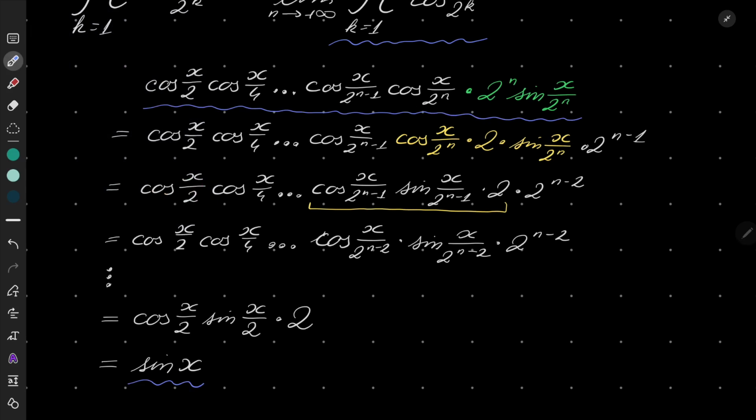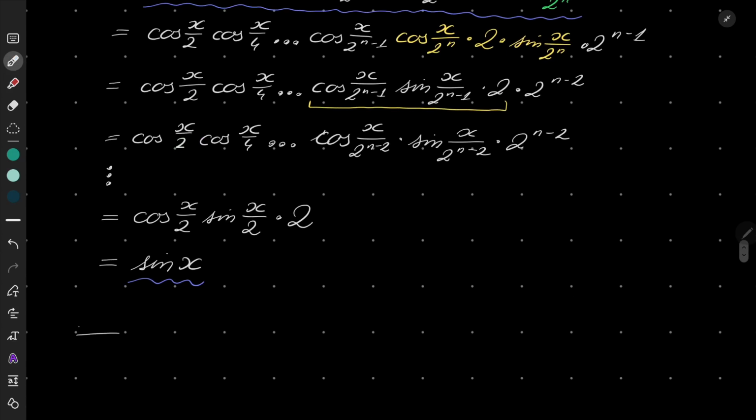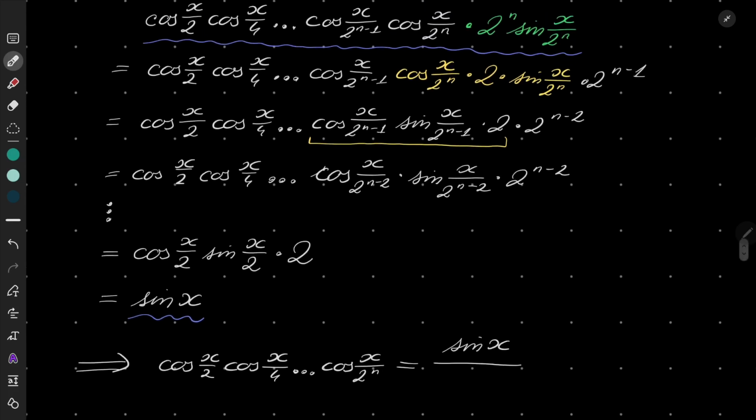So in other words, now by dividing by the expression written in green, we can deduce that cosine of x over 2, cosine of x over 4, and so on, cosine of x over 2 to the power of n, after division, becomes sine of x over 2 to the power of n times sine of x over 2 to the power of n in the denominator.